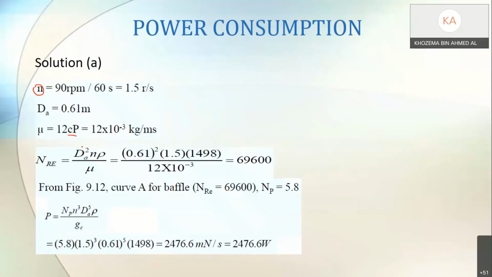So if you look at the equation for Reynolds number, you know the value of your dA, 0.61. So I'll just do the unit cancellation here, right? So 0.61 meter squared times the value of N, which is 1 per second. The unit for density is kg per meter cube, right?